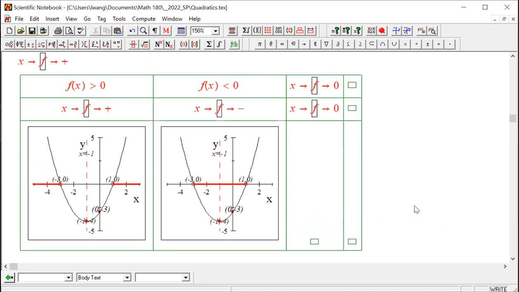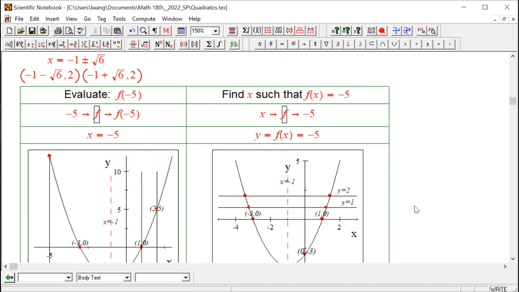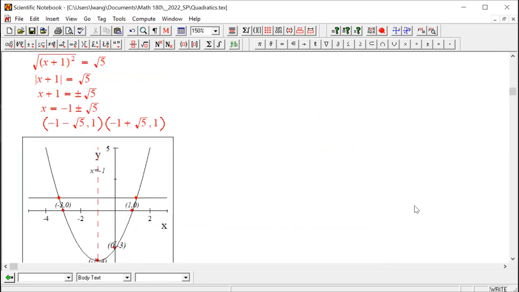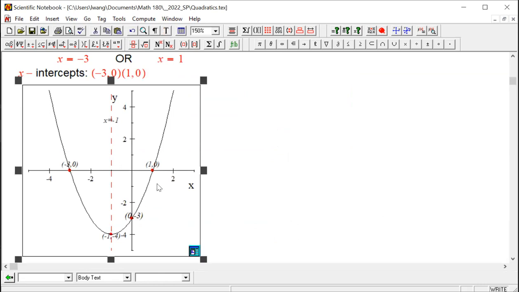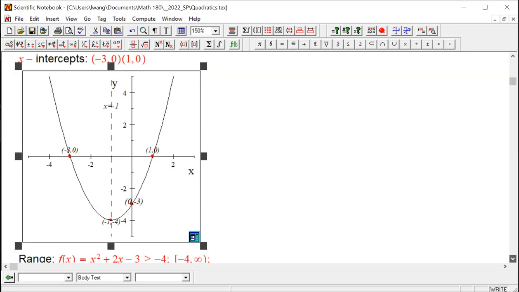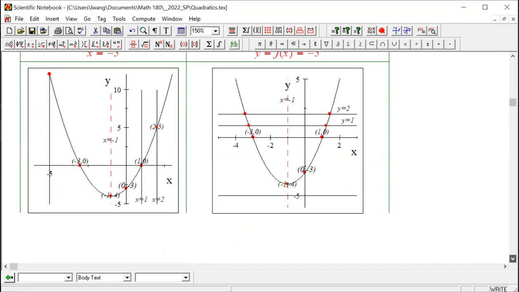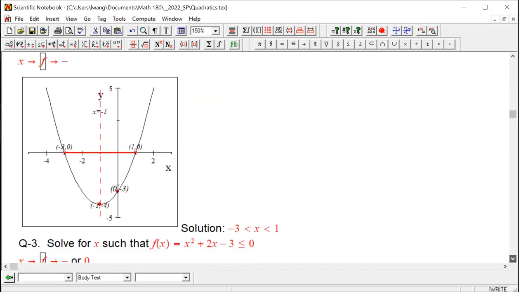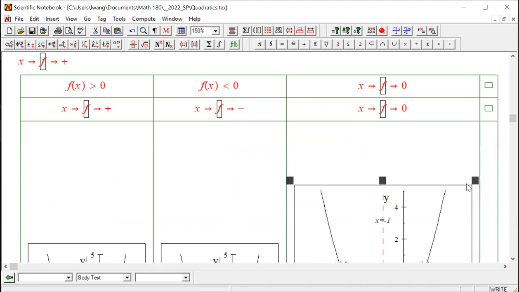We did it long ago, didn't we? Where did we do the equal to 0 case? That was long ago, right here. I think this will be much simpler to understand.